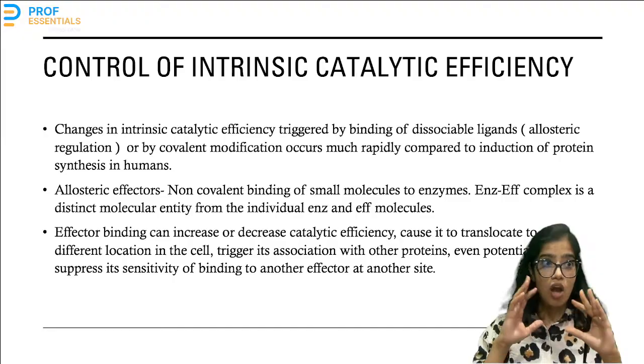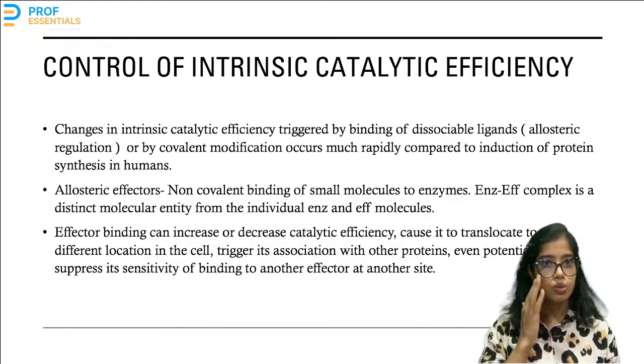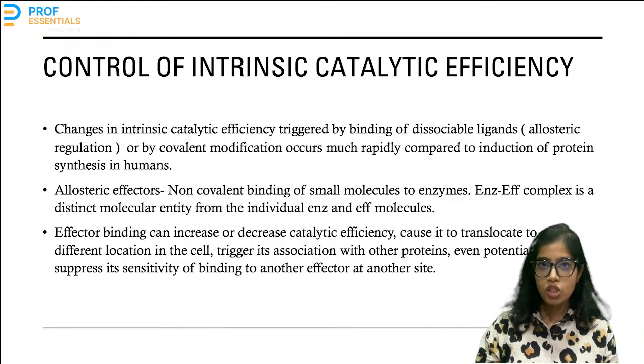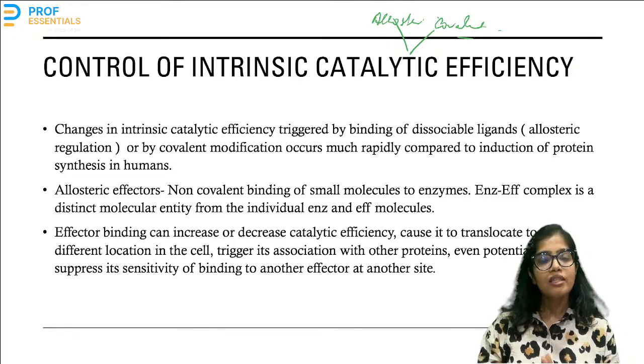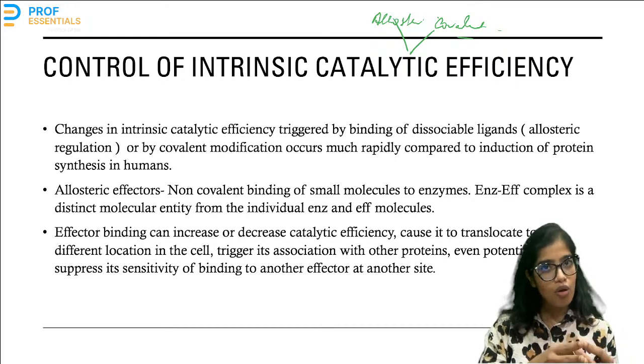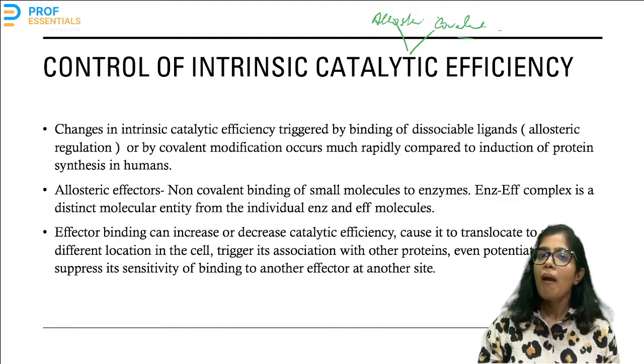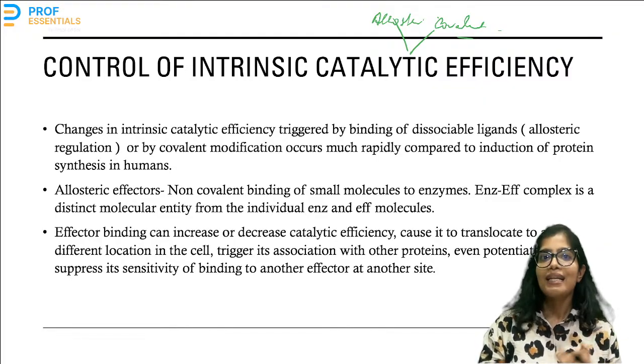Understood? I think now the whole of the chapter would be clear to you. So there are two ways in which you control the intrinsic catalytic efficiency, either by allosteric regulation or by covalent modification.